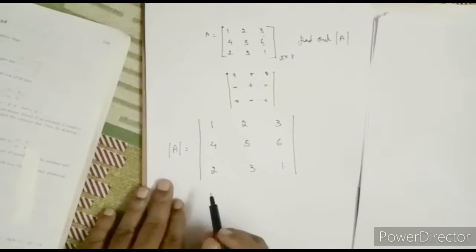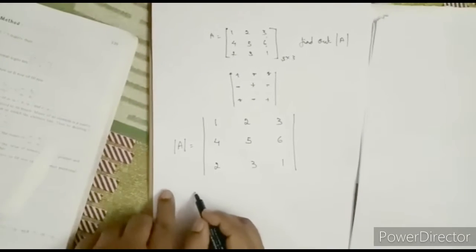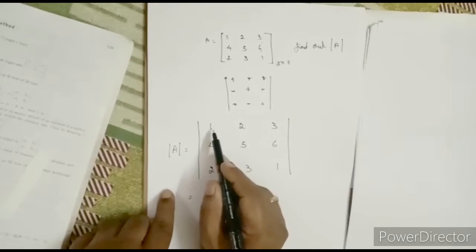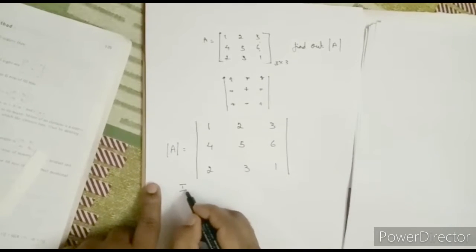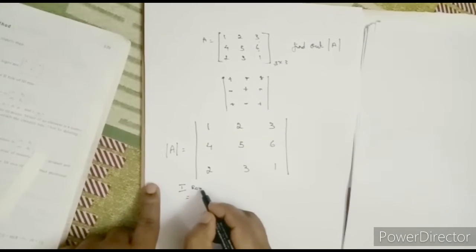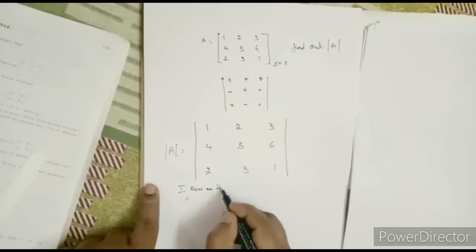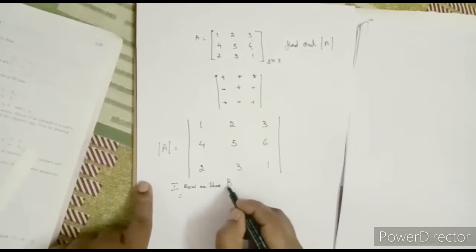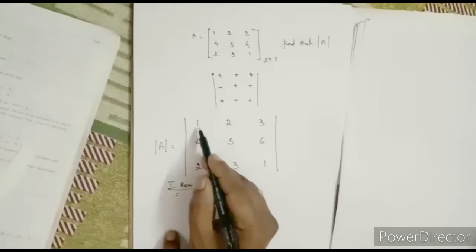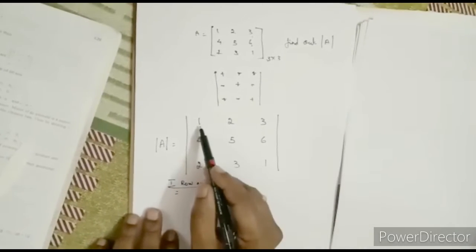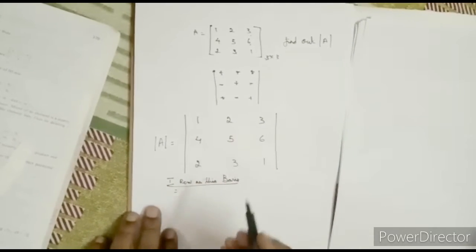I will tell you why you need to remember this sign. See, now first and foremost thing we should do is take the first row. Here I am taking the first row as the basis to find out det A. First row is 1, 2 and 3.